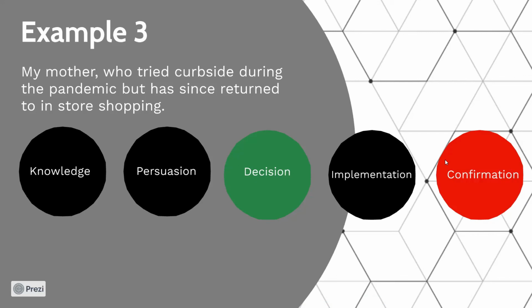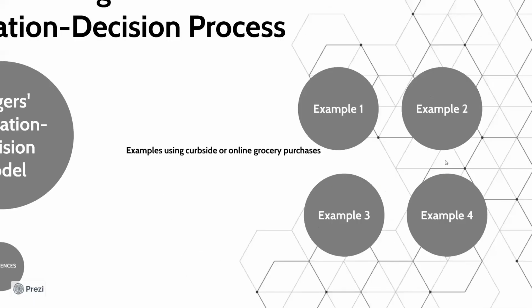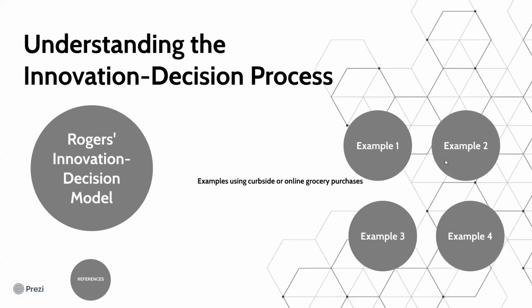So no longer was curbside grocery as enticing as the replacement of a new Trader Joe's, which she enjoys visiting in person down the street. So the pandemic was still an influence, but we've shifted our time window, and she makes a different decision in step 5, confirmation. Our final example, I will lovingly call a laggard.